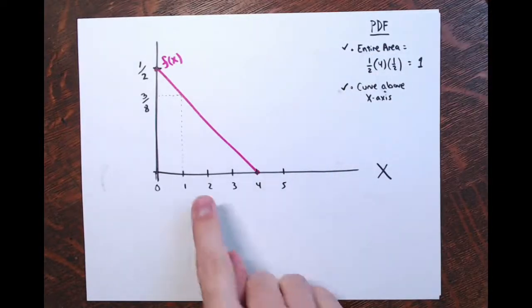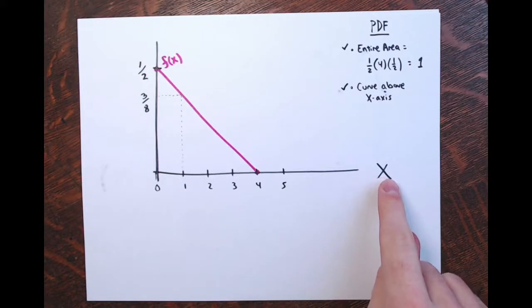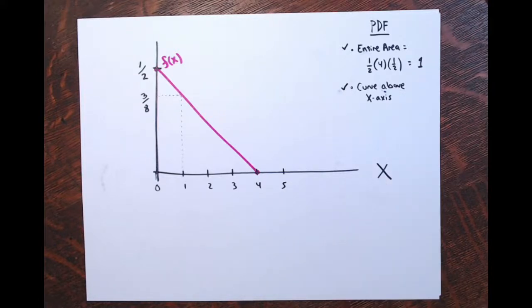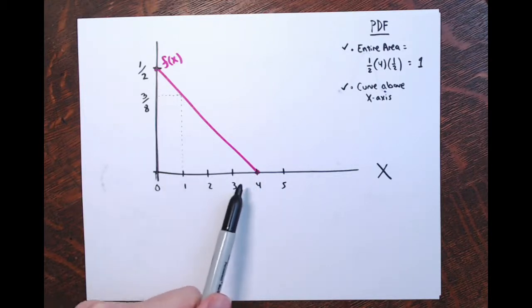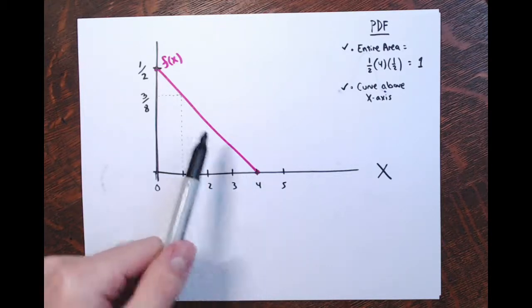All right. So again, the horizontal axis shows the possible values of this continuous random variable x, and it looks like the only values it could take on are from 0 to 4. That's the only interval that this curve is over.